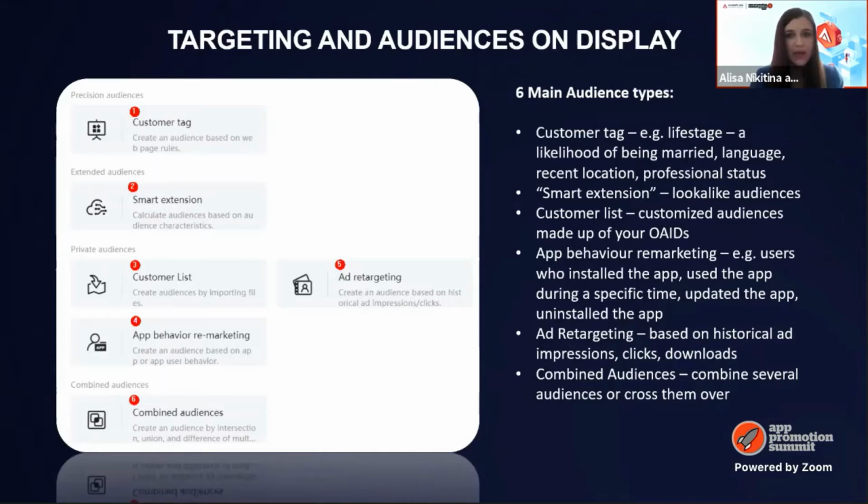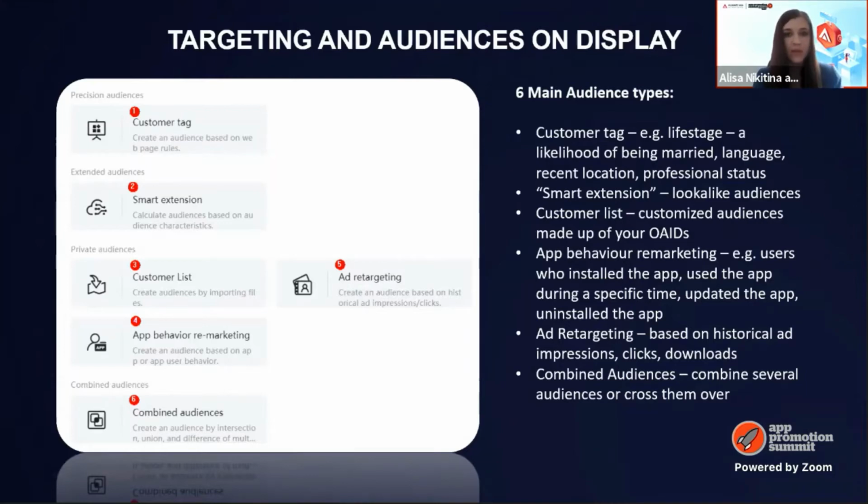For example, it can be a life stage, a likelihood of being married or a likelihood of being single, language, recent location, professional status. Then so-called smart extension, which is basically lookalike audiences. Customer lists, these are customized audiences made up of your OAIDs. It's the same as ADIDs, but for Huawei apps, OAIDs.